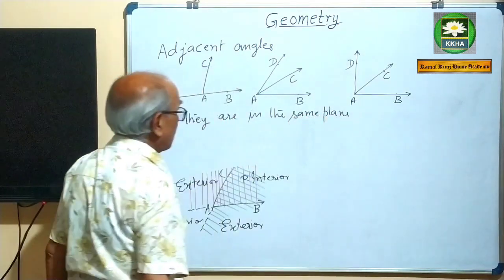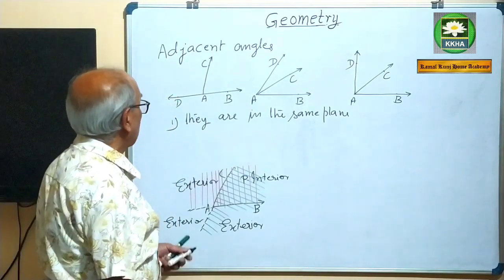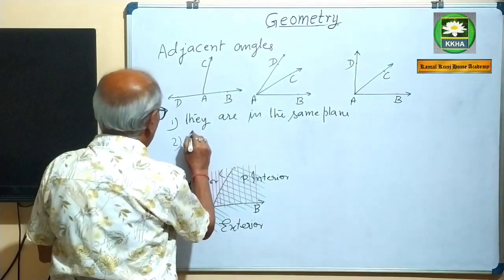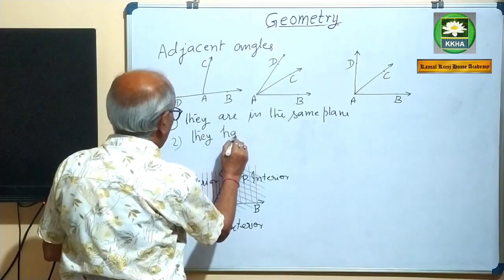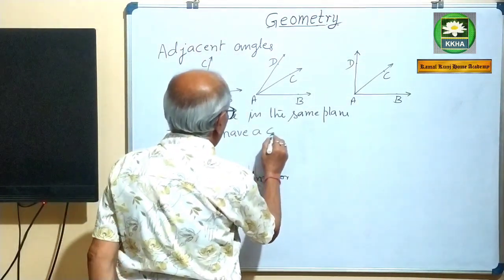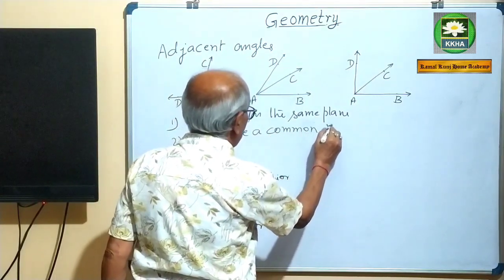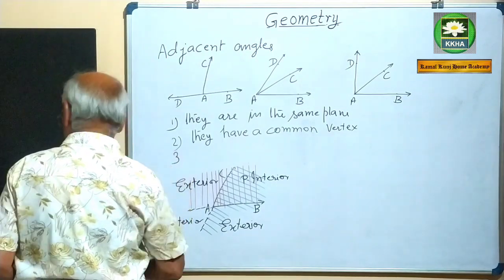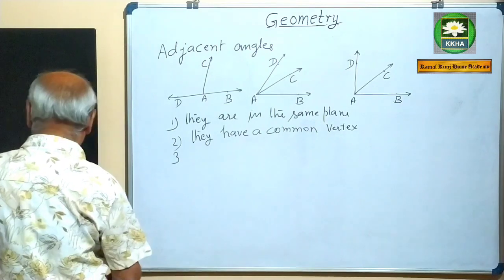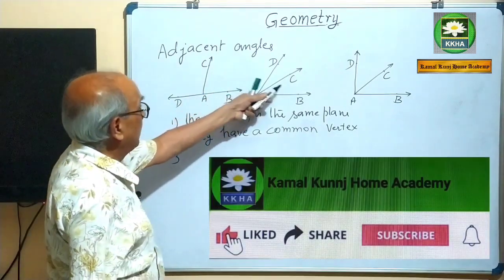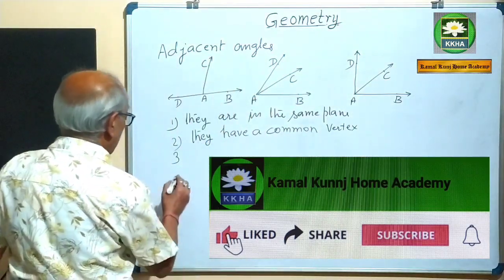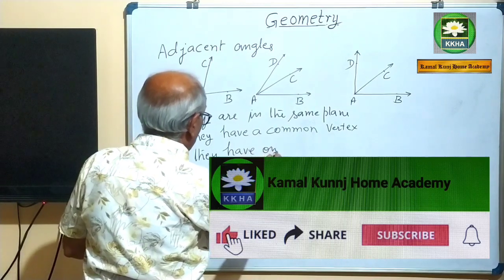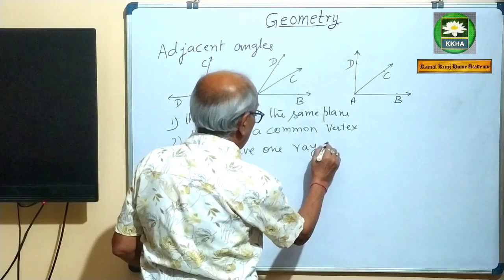Second, they have a common vertex. Third, they have one ray in common.